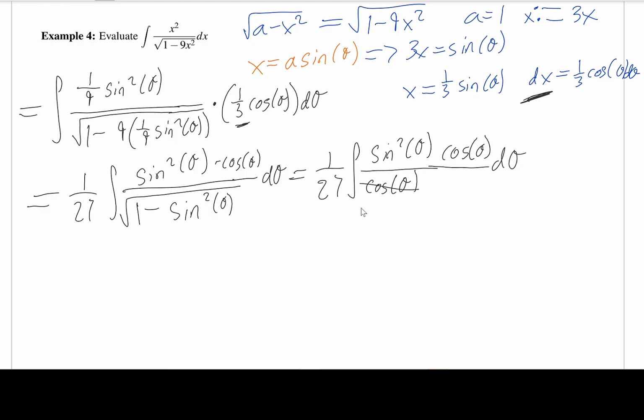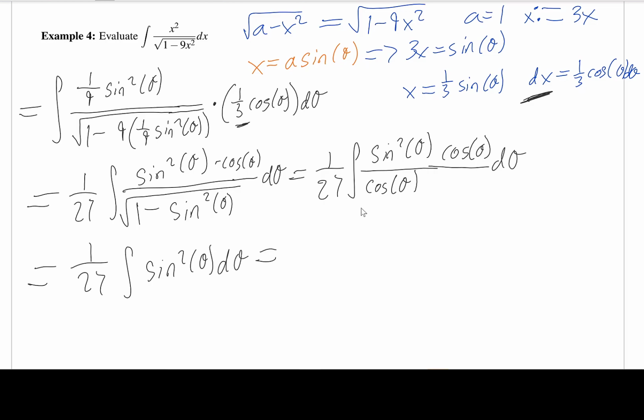Right, because now we can cancel these out. And we'll be left with 1/27 times the integral of sine squared theta d theta.